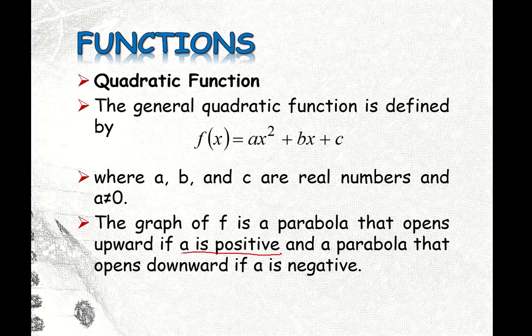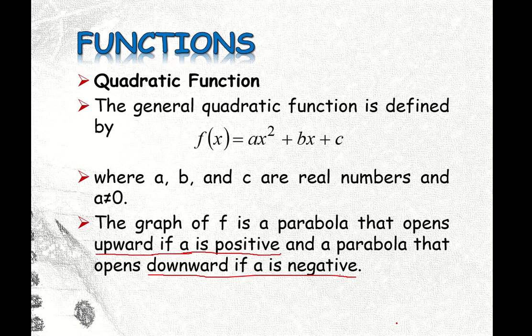Now if a is negative, then the parabola opens downward. Just remember these two conditions. This is very helpful information that helps us determine whether the parabola opens upward or downward.